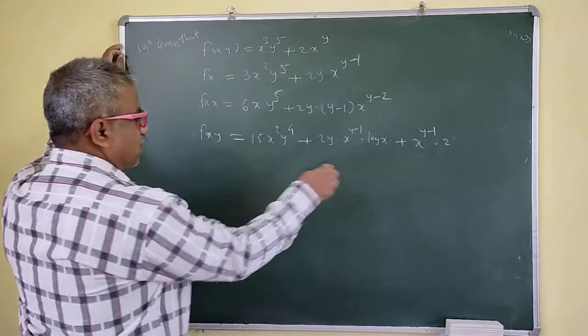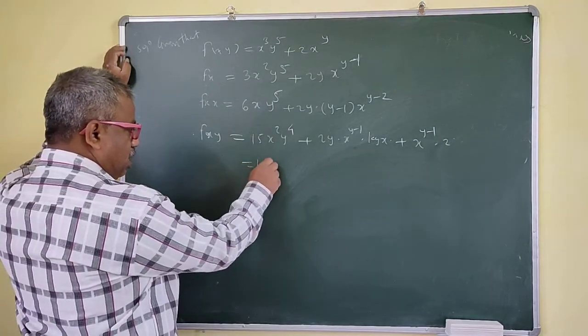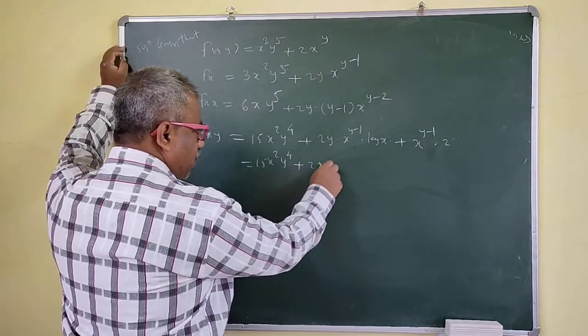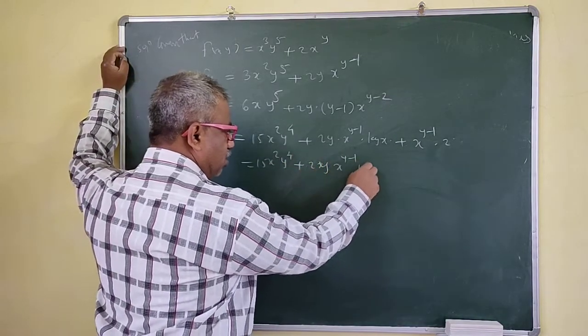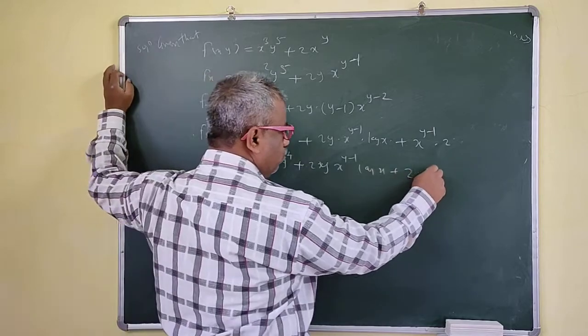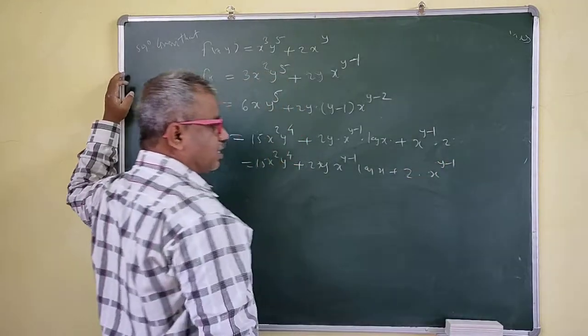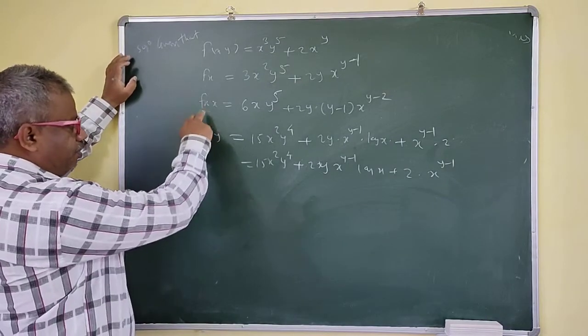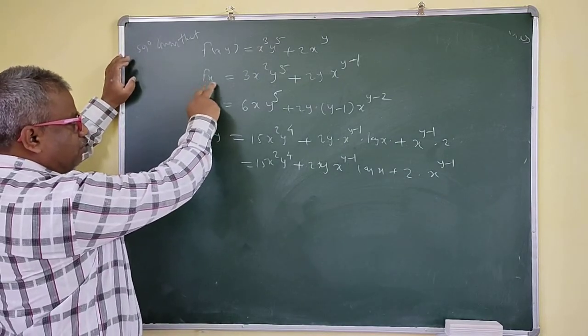So we will write this one: 15x square y raised to 4 plus twice y x raised to y minus 1 log x plus 2 into x raised to y minus 1. Right? Okay.